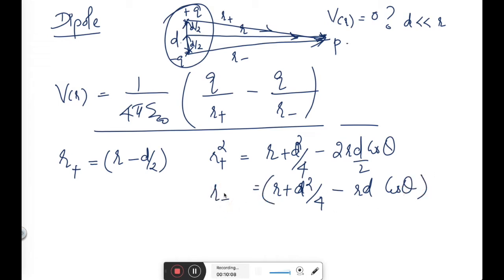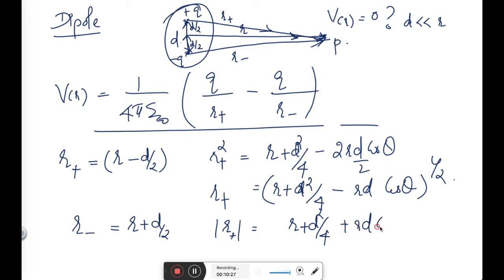And r plus is the root of this. Similarly, r minus is r plus d by 2, which implies the modulus of r minus is r squared plus d squared by 4 plus r d cos theta, whole raised to half, and 1 by r minus is this raised to minus half.